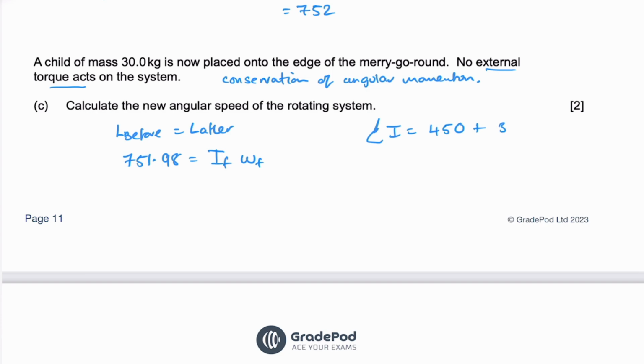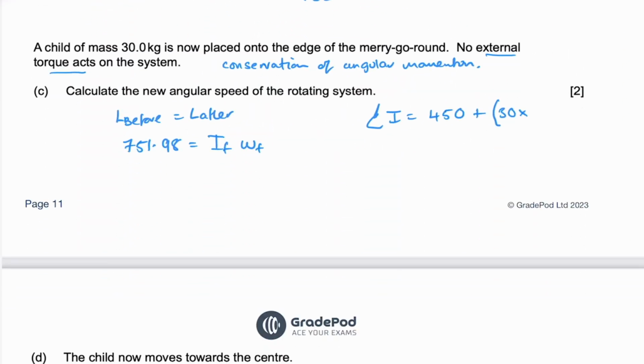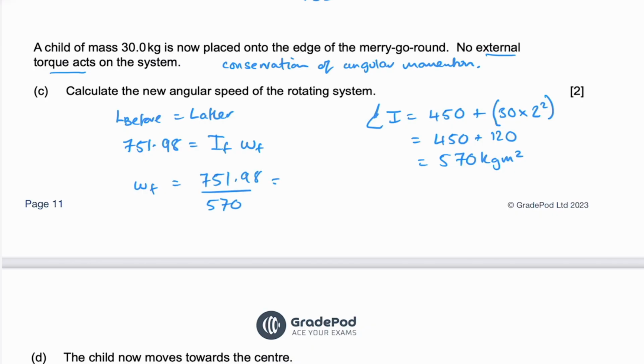So that will be 30 times, and the child was added at the edge of the system, so they were added at a radius of 2, which gives us 450 plus 120, which gives us 570 kilograms meters squared. So the final angular speed is equal to 751.98 divided by 570, which gives us a value of 1.37 radians per second.